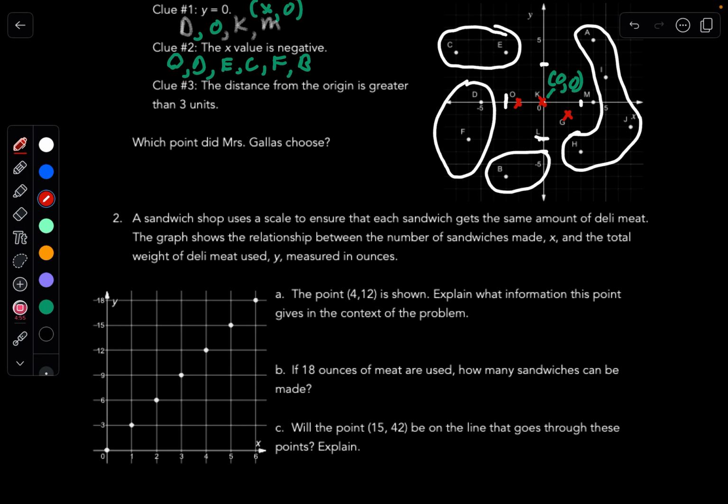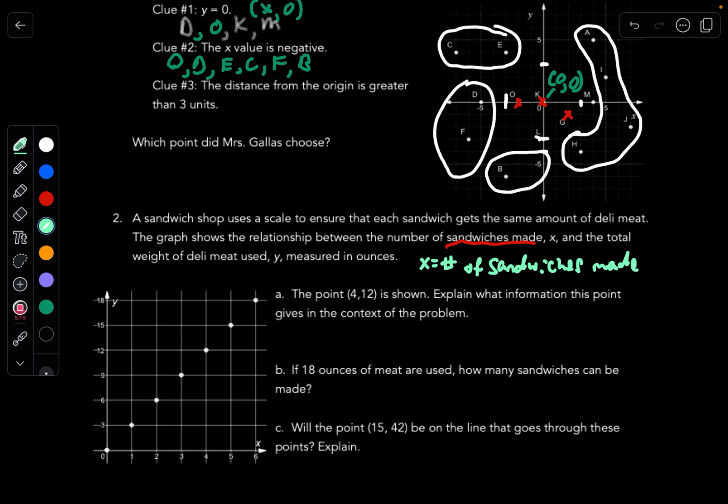Okay, so the graph shows a relationship between the number of sandwiches made, X, and the weight of deli meat. First thing you should always do is make sure you understand: X equals the number of sandwiches made.